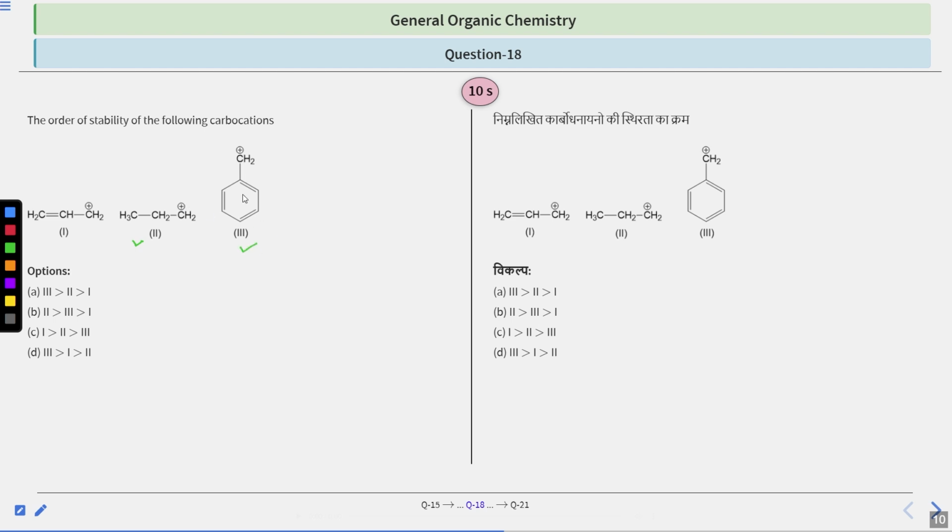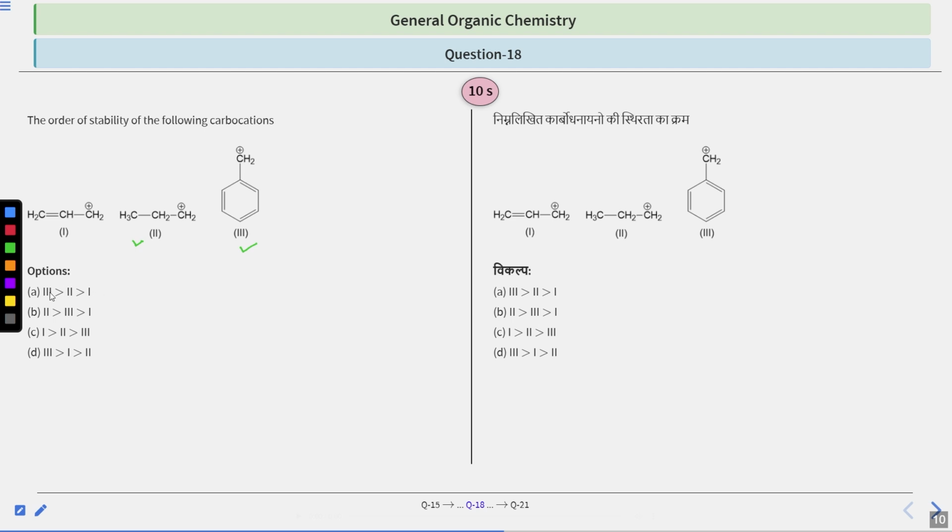In the third carbocation we have a benzene ring directly, and one CH2 is attached to this benzene ring, and the carbon in the CH2 has the positive charge on it. So for these 3 types of carbocation we have to tell the order of stability, which one is the most stable and which is the least stable.